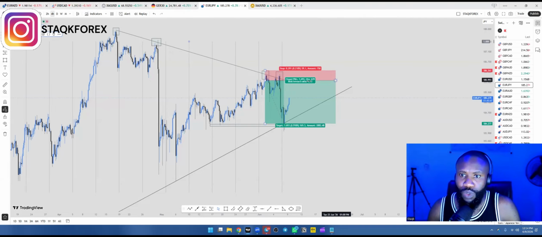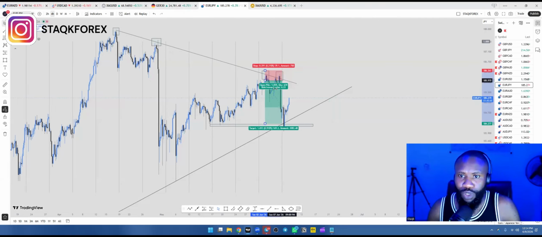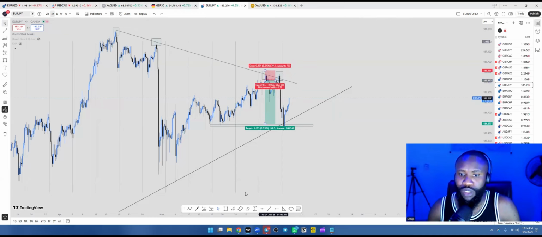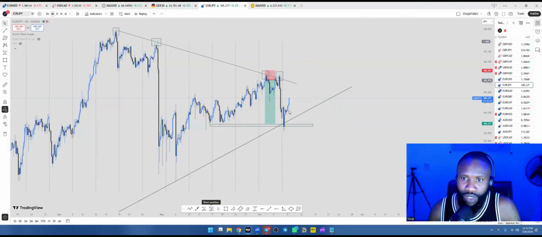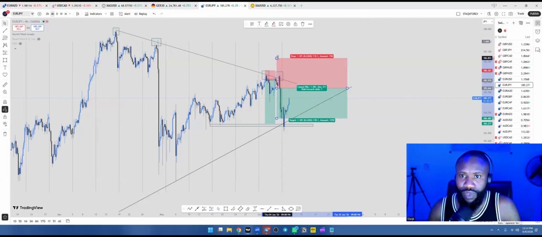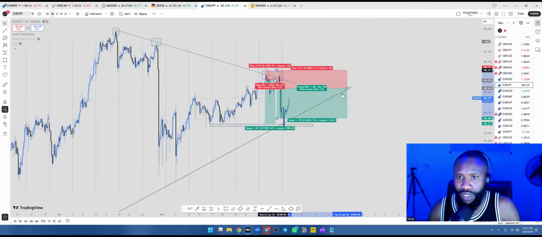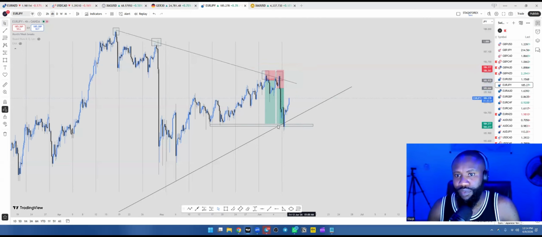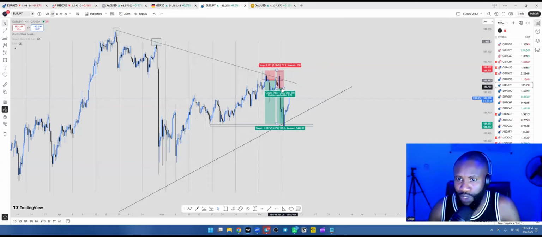Let's say you place your trade here, the price moves into profit and pulls back again, and gives you another confirmation, so you can add another position from here. Your stop loss will still be the same. Then you take your profit here. That means you have two positions that were run. That is massive. Let's say you risk 2% here, 2% here, total of 4%.